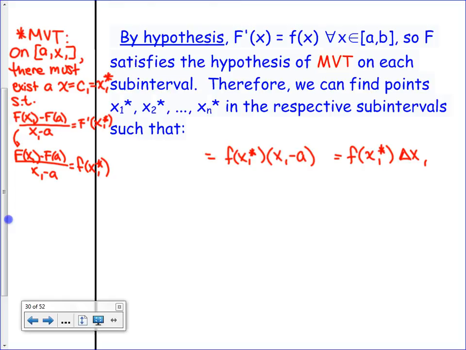And I can come over here to MVT and say, wait a minute, there's going to be a special x such that this height times this base is going to equal, I can move this over and say, f of x sub 1 minus f of a. How'd I do it? I said, I'm going to add together a base times a height for that first subinterval. And then I said, oh, well, that base is just x1 minus a. Wait, this looks a whole lot like a piece of MVT when you move it up.